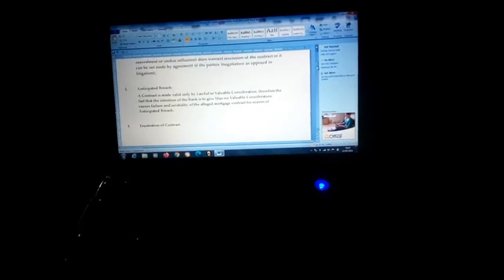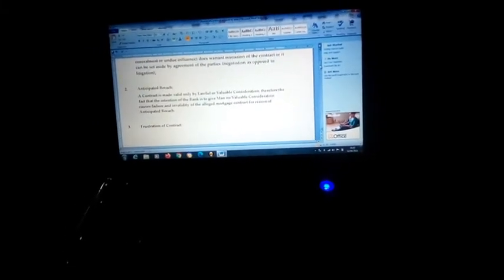Number two is called anticipated breach. So you can rescind a contract if you realize that the other party had no intention of fulfilling the contract straight from the beginning. It's called anticipated breach. So a contract is made valid only by lawful and valuable consideration. Therefore, the fact is a fact.